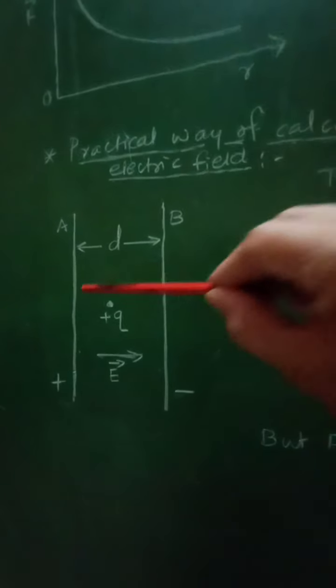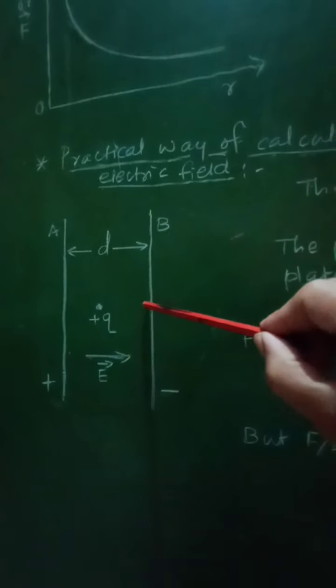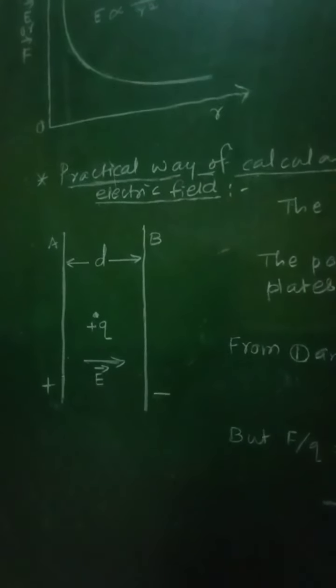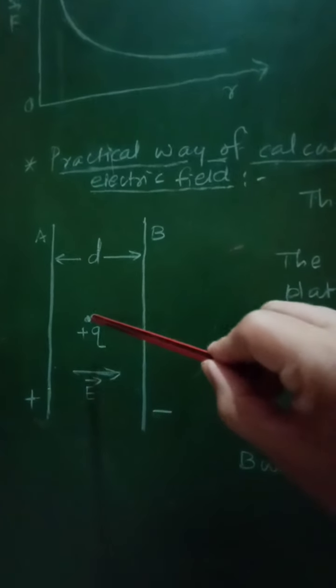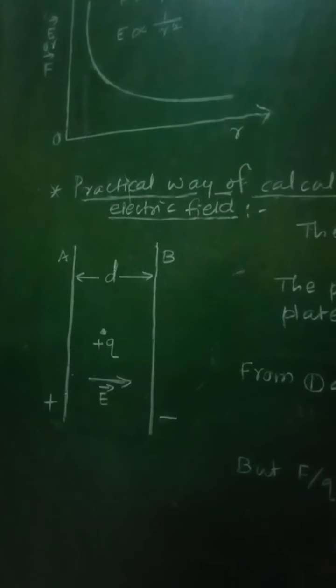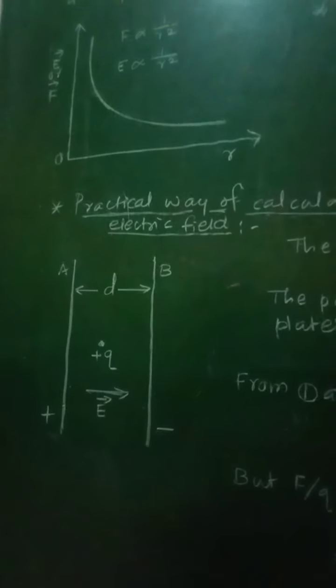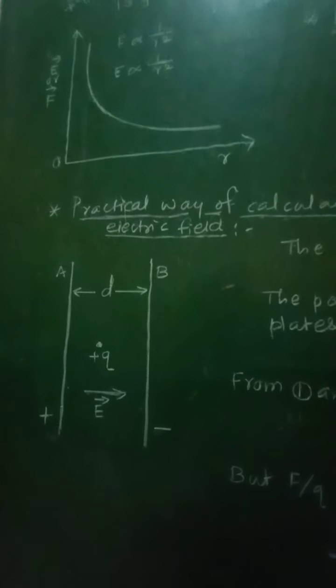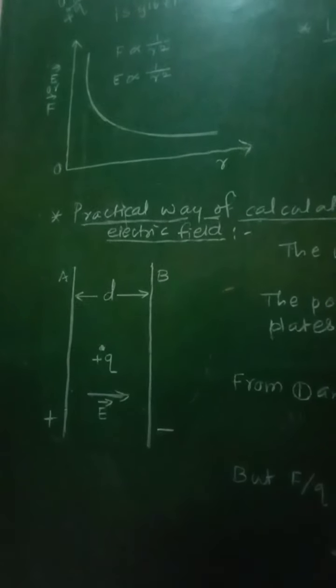Now let phi be the potential difference between the two plates A and B of this system. Now let any plus Q charge be placed between these two plates, and therefore the charge plus Q placed between the two plates will experience a Coulomb force due to the electric field.